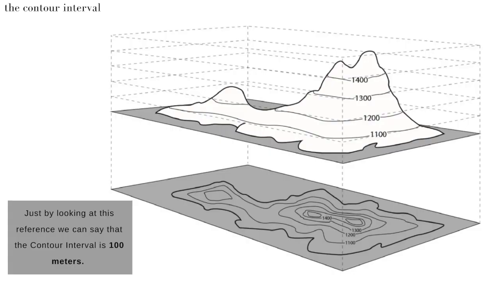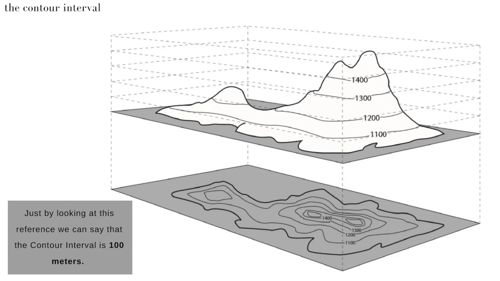As for examples of these contour intervals, you can see that in the map, it is plotted down as 1,100, 1,200, 1,300, and 1,400. So just by looking at this reference, we can say that the contour interval is 100 meters.